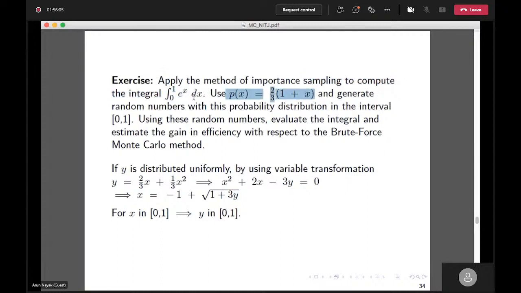Then you use f of x by p of x and calculate the mean for the n number of points, and see what is the value of this integral, and you can compare this to your exact calculation. I give small simple exercises so that you can cross check the numerical calculation with the analytical calculations.